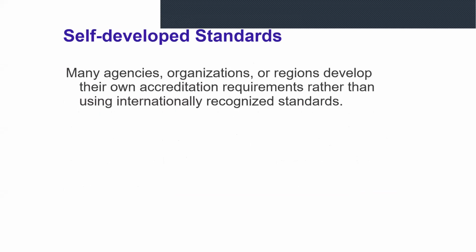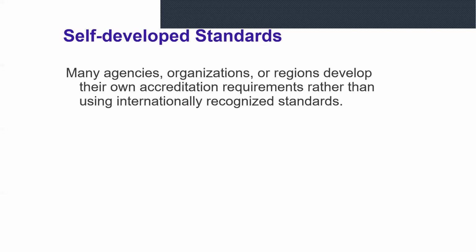So a country can define self-developed standards, or agencies can develop their own standards, okay? And these are usually developed by this particular organization, and they have their own way of trying to enforce these standards. They do not necessarily always conform to the international standards.